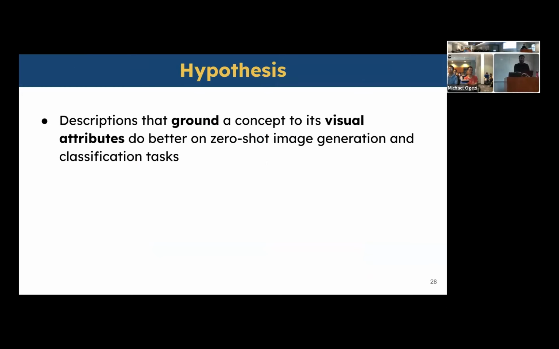Our hypothesis here is that descriptions that ground the concept to its visual attributes do better on zero-shot image generation and classification tasks. That goes back to what I said earlier: when you have related attributes in the context, you are able to form a stronger relationship between the description and what you're trying to describe.